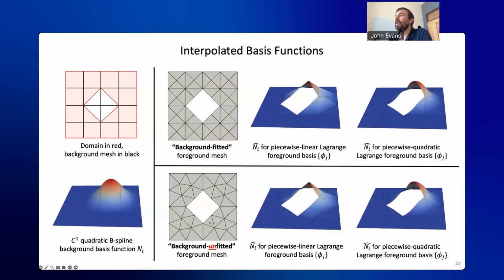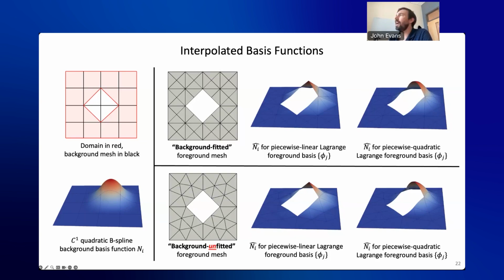Or we can instead not worry about trying to ensure that each of our foreground cells lies within a unique background cell, and this gives us a background unfitted foreground mesh, new possibilities, and then we can interpolate using either a linear or quadratic Lagrange space, and these are the corresponding approximations that you get for the interpolated basis functions in this case.